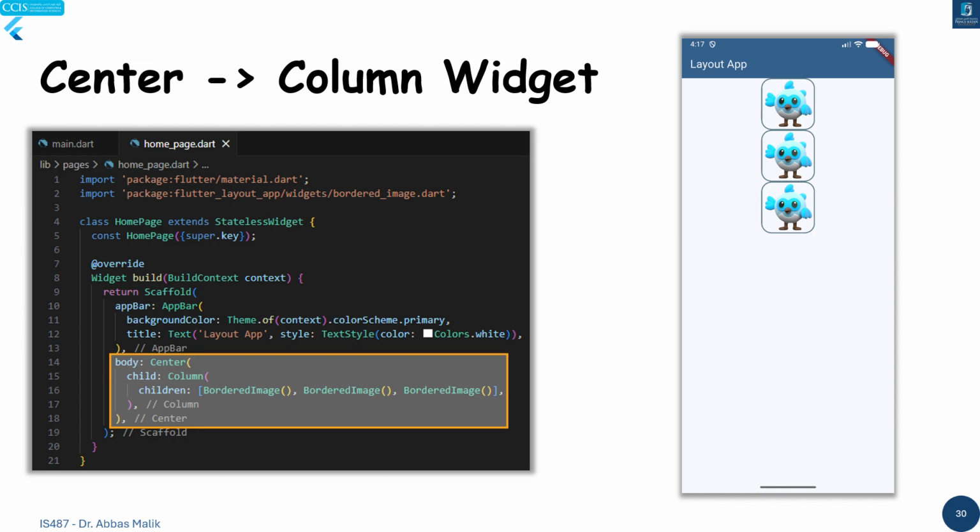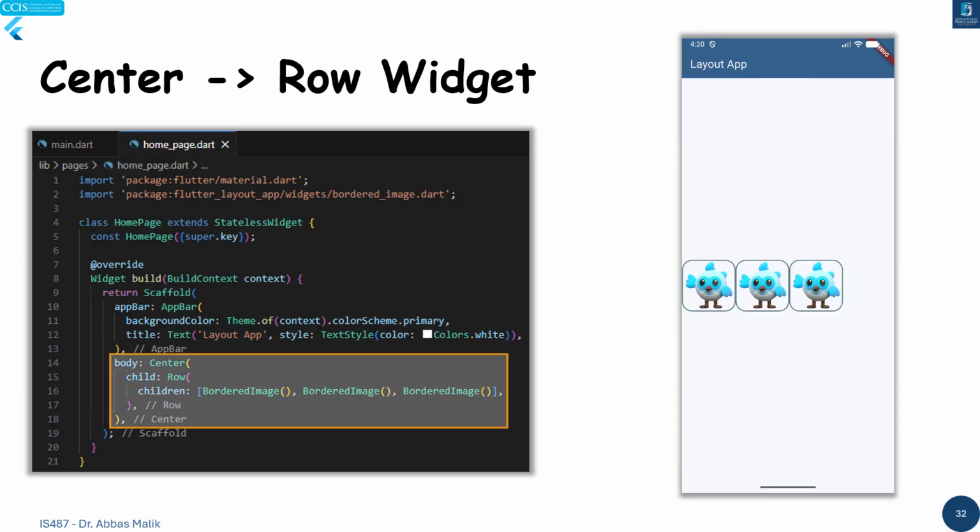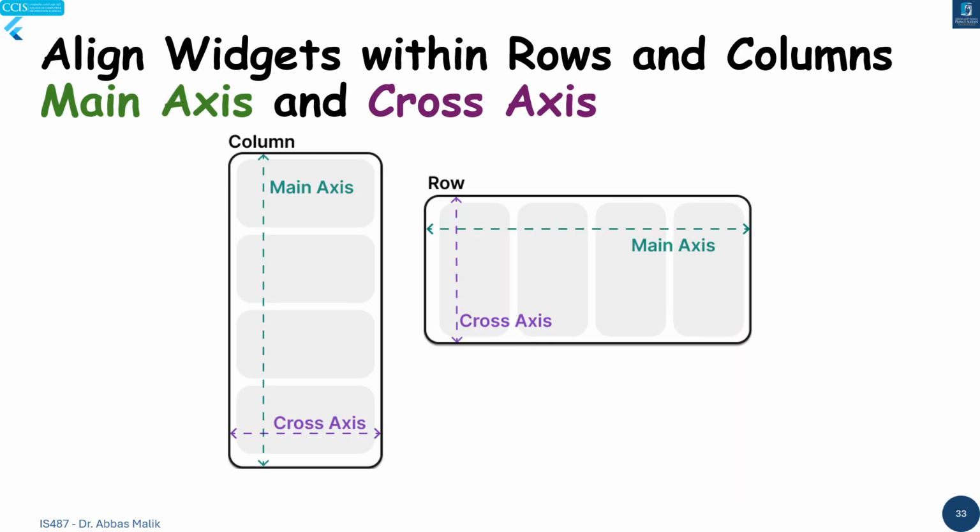And again, if I just replace the column with a row, it will show the images inside the row, again putting the row inside the center so that it is in the center of the screen. We are talking about columns and rows.